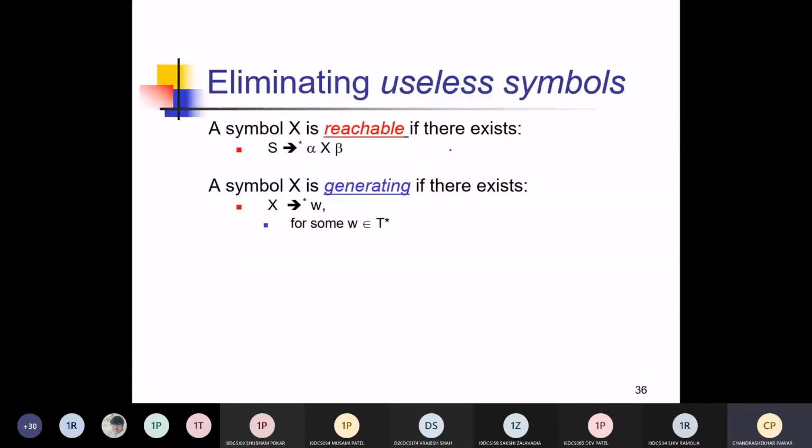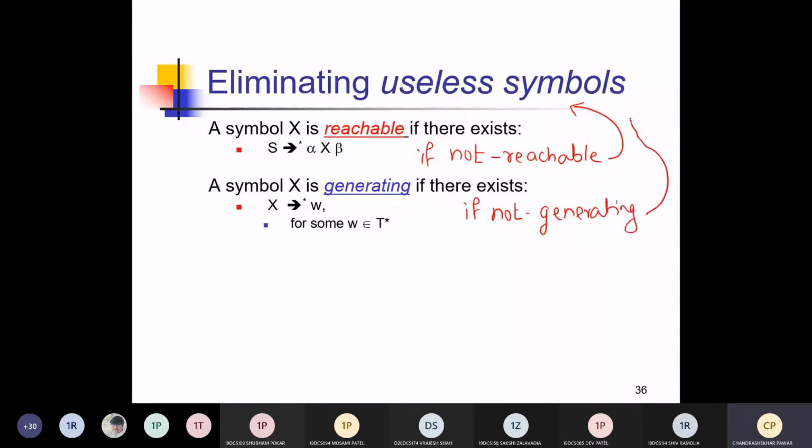So I write down here: if not reachable, then useless symbol. If not generating, then it is a useless symbol. Now, what is reachable we will see, and what is generating, that also we have to observe.